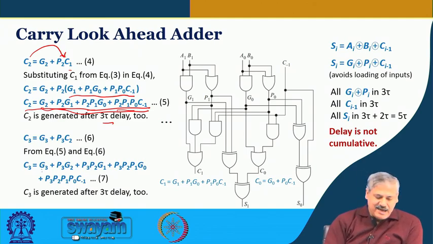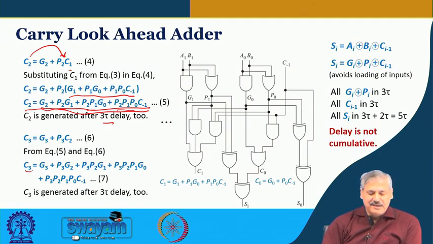And C 3 for 4 bit operation: again the basic equation is C 3 equals G 3 plus P 3 C 2. C 2 we can substitute from equation 5 here, and again we will get an equation similar to this. There also we can see that G I, P I terms are generated in 1 tau, these product terms take another tau, and the final OR takes 1 tau, a total of 3 tau.